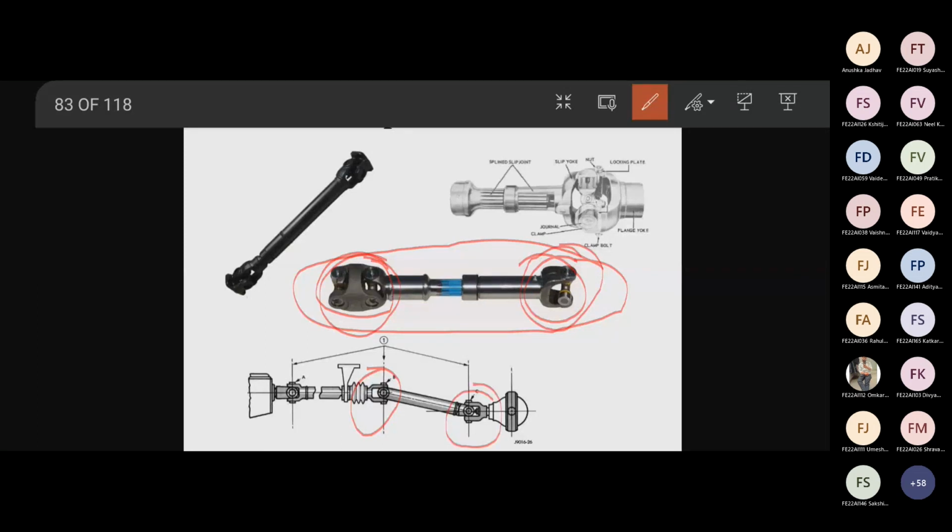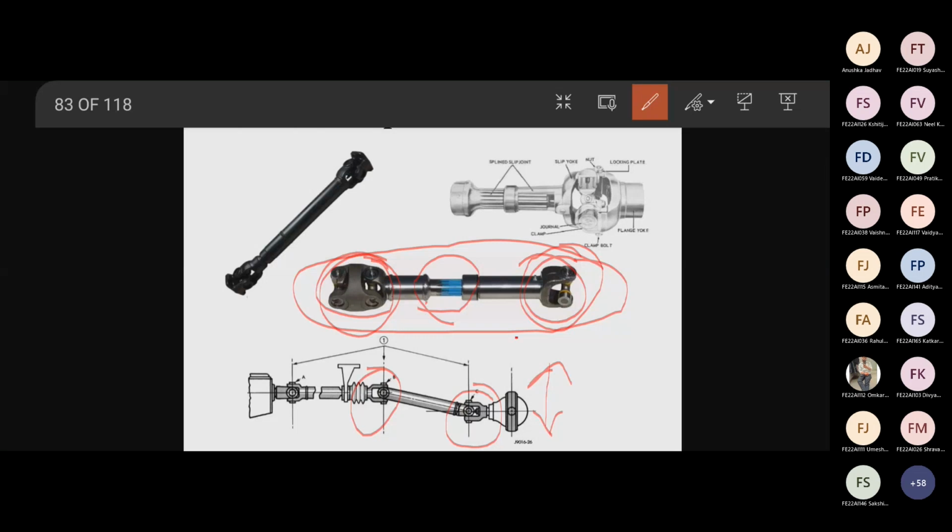Now in between, you can see this small diameter. It is called as slip joint. What is it? Slip joint. In propeller shaft, there is a slip joint. Why is it there? Because when your wheel is changing angle either upwards or downwards, what will happen? Because of this universal joint, it will allow to change the angle. But what will happen to propeller shaft?